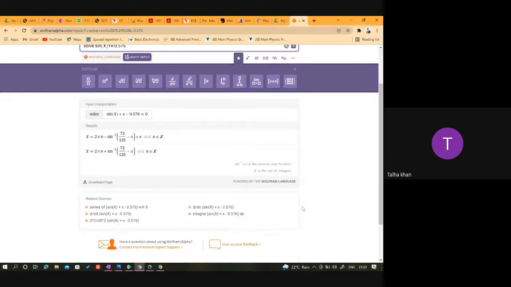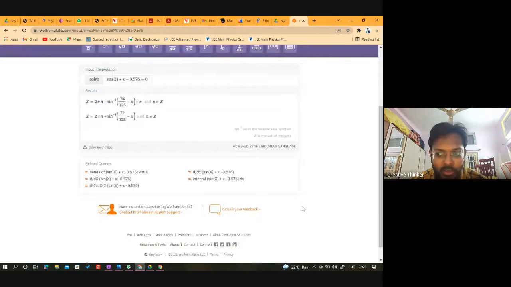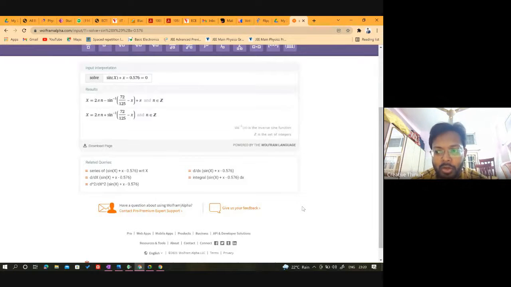Otherwise they will allow a laptop in an open book exam, and you can use the laptop to solve this also.